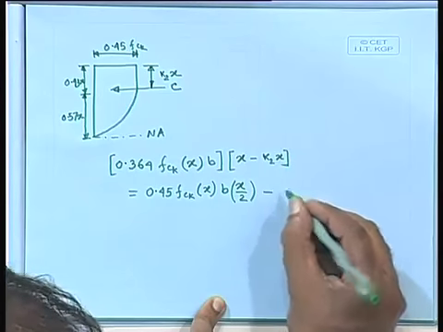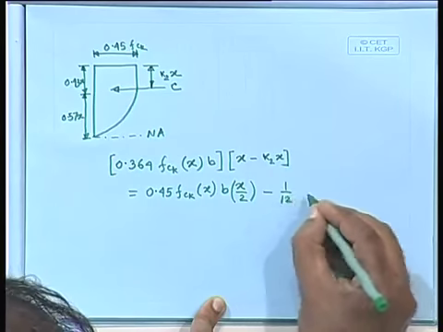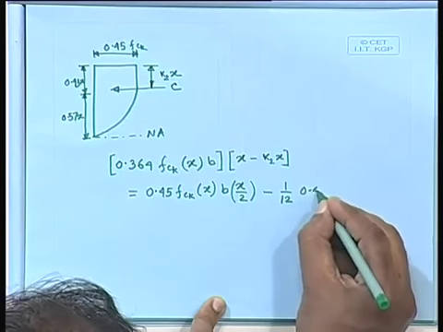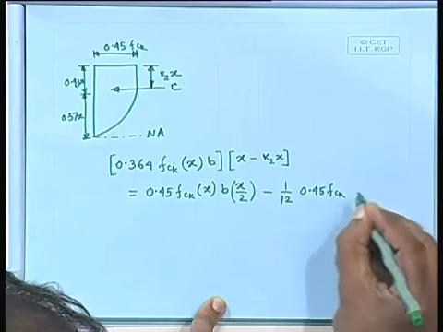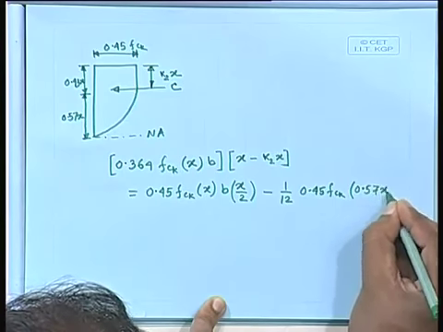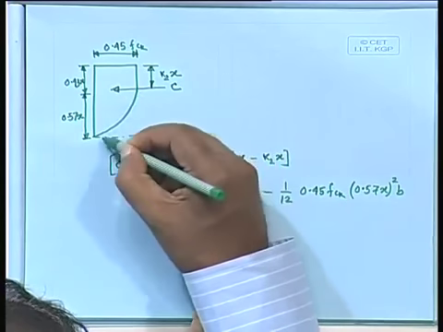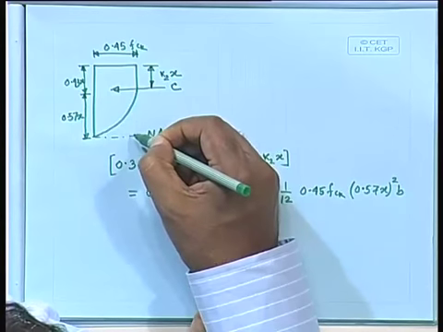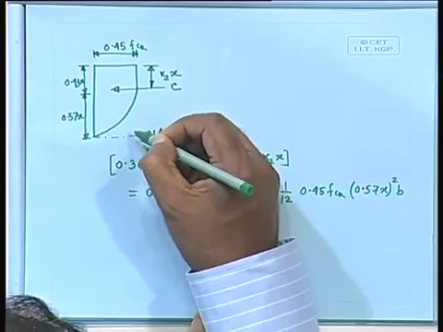minus 1/12, let us make it x whole square b. If we take that area, so we are taking out this parabolic portion, area times that CG.